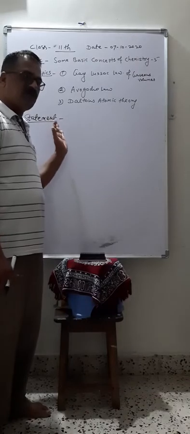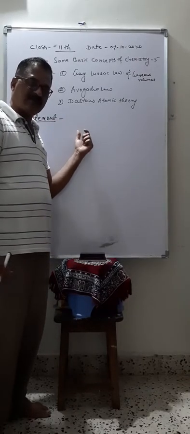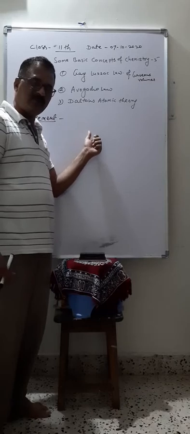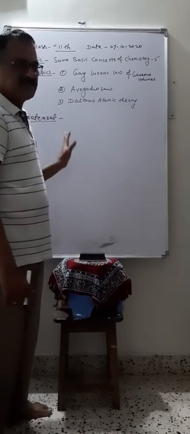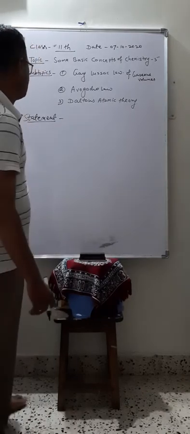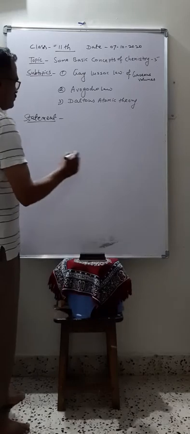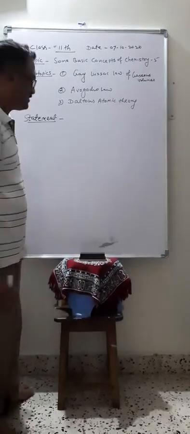The volumes of the reacting gases and the produced gases bear a simple whole number ratio by volume. This is the statement of Gay-Lussac's Law. Now this statement is to be explained by taking one example.